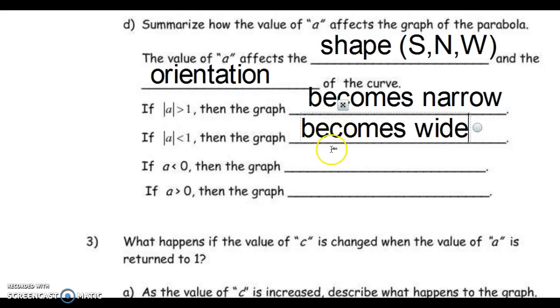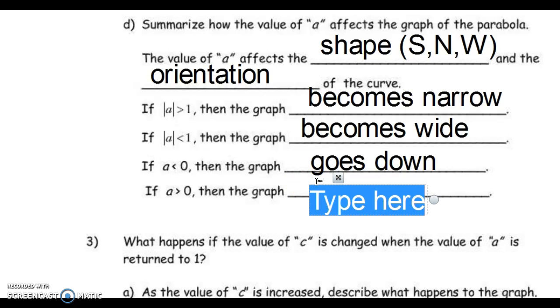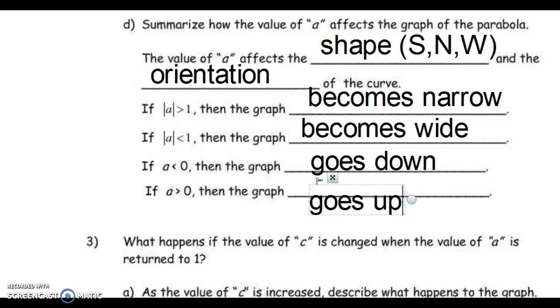And I'll have a question for you at the end. When it's negative, the graph goes down. And when a turns out to be positive, it goes up. So there are all the important facts that a does. It affects the shape as well as the orientation.